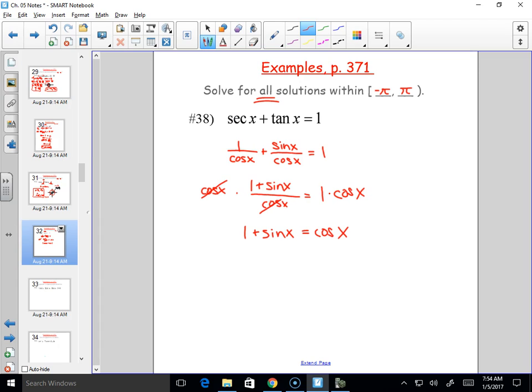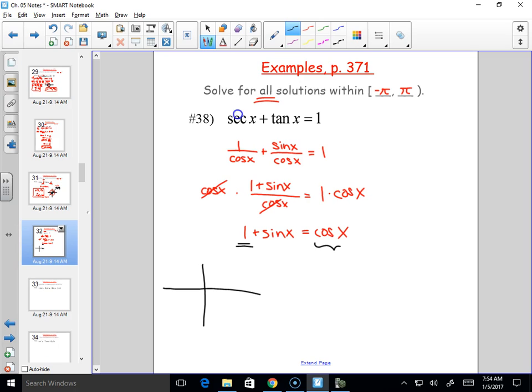Now this is a little hard. This is also unit circle knowledge. We could try finding some weird properties to help us, like maybe cosine is sine of pi over 2 minus x, the co-function property, but that just doesn't sound fun. If we think about the unit circle, and we think about this 1 right here, we think about all the different values that sine and cosine could be.